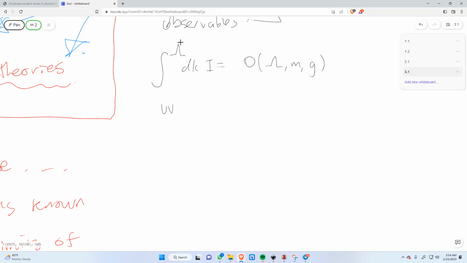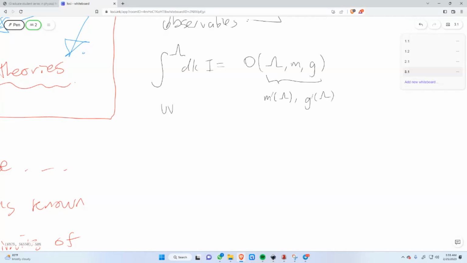But then there's a way to redefine the parameters. We can say maybe M prime and G prime, and essentially absorb the dependence on lambda, the cutoff, into the parameters.